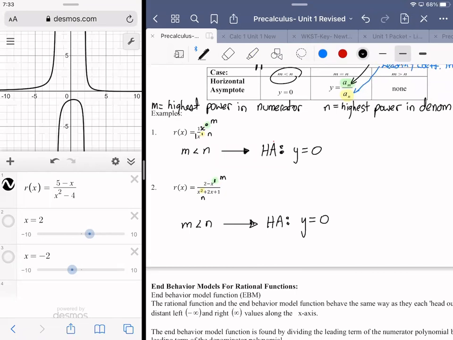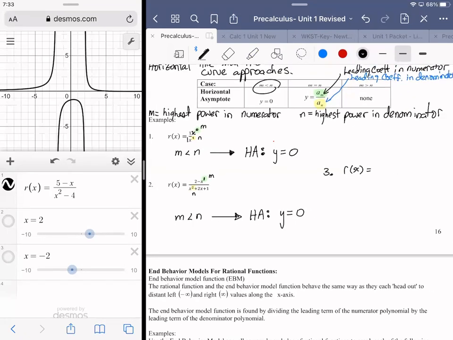But let me show another example real quick. Let's say we have r of x is equal to 2x squared minus x over x minus 2.